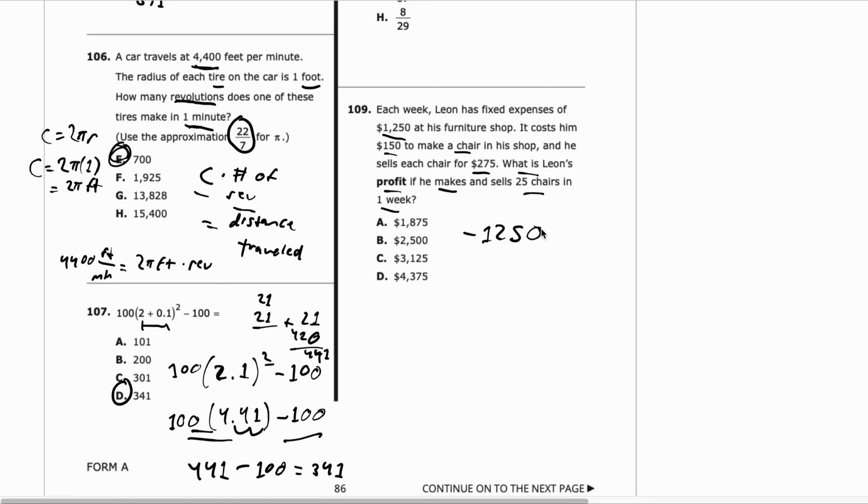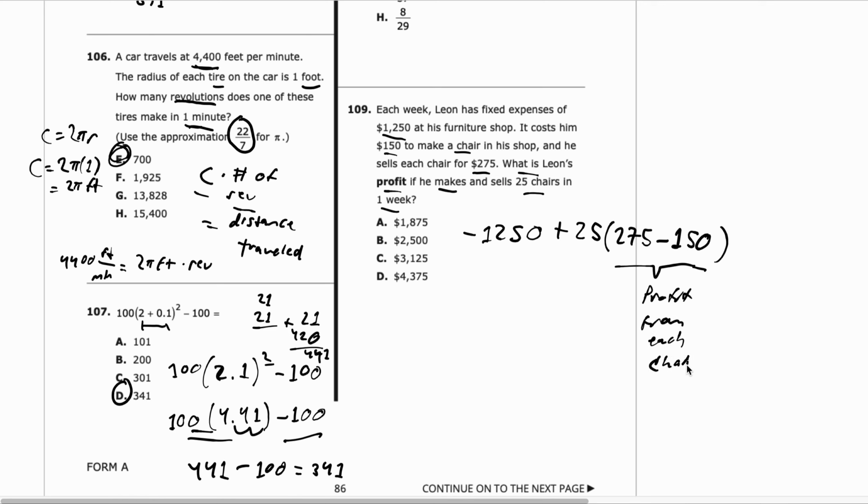Then he makes and sells 25 chairs, and he makes 275 by selling those chairs, but it costs him $150 to produce them. So this is sort of like the cost. This is the profit that he makes from each chair.